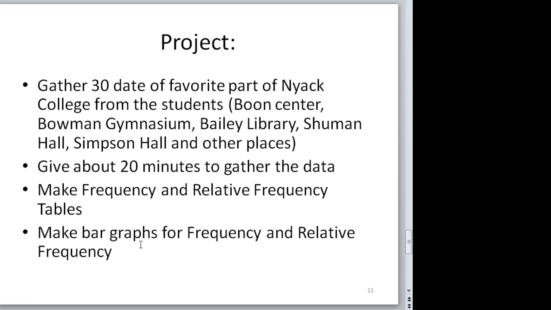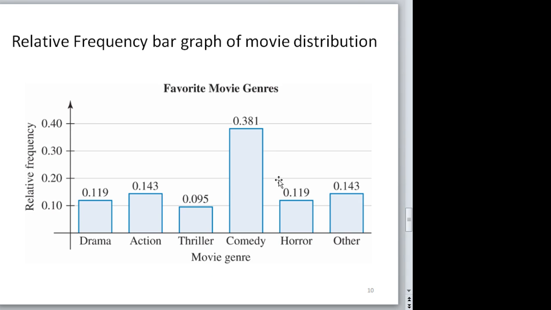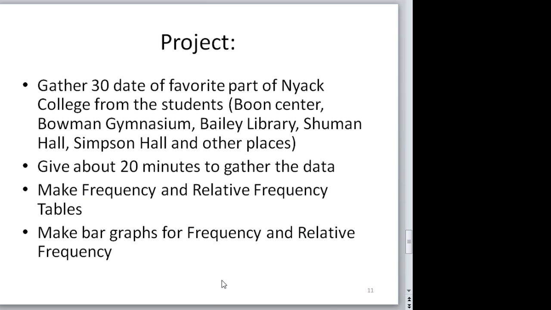And I also want you to make the relative frequency bar graph. So, something like this. So this column right here, now you are going to use the relative frequency, and this column right here that you are going to use the different types of buildings, right? And that's the project.